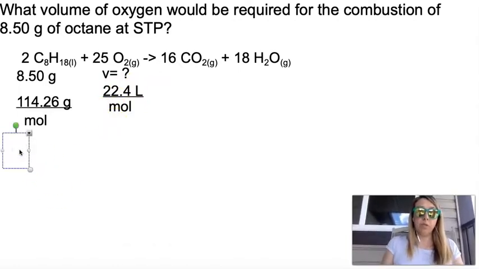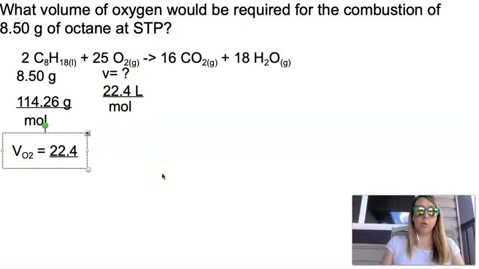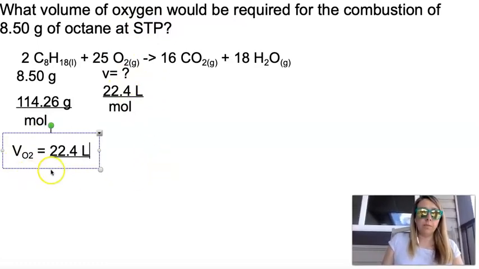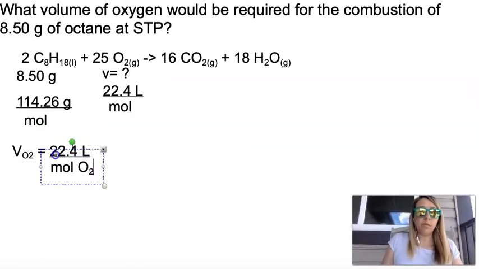So this question is a little bit easier than the last one. Oh, that's a little messed up there. Let's fix that. Okay, so we are looking for the volume of oxygen. We find oxygen. Oh, look, it has liters under it. It's already on the top. Perfect. So we're going to start with 22.4 liters, and that's going to be per mole of oxygen. Okay, we need to get rid of moles of oxygen.